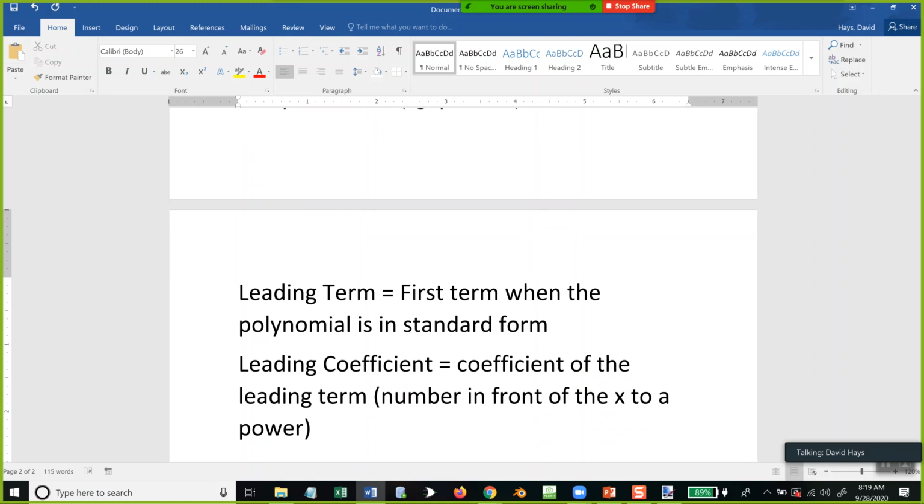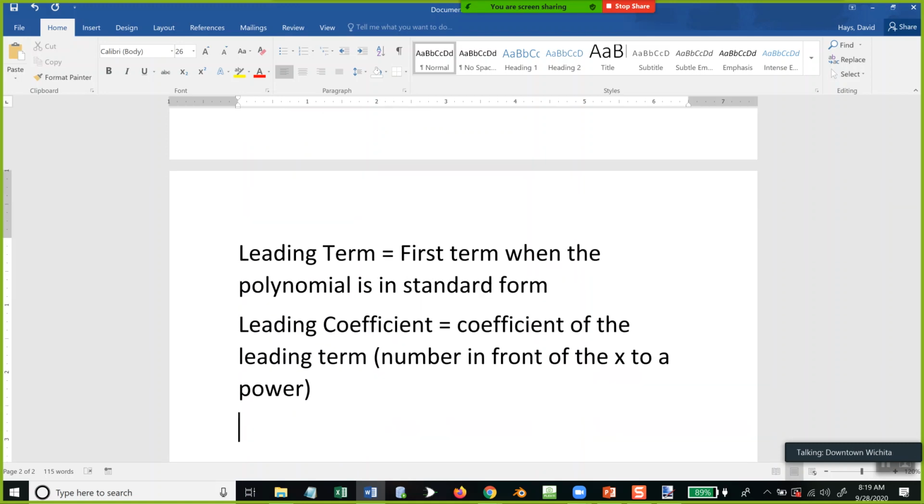If you forgot what a coefficient is. Remember, a degree is our largest power of x. Now for this coefficient, I'm going to refer to it just as COEFF. So when I put that, I'm not talking about just any coefficient, I'm talking about the leading coefficient.